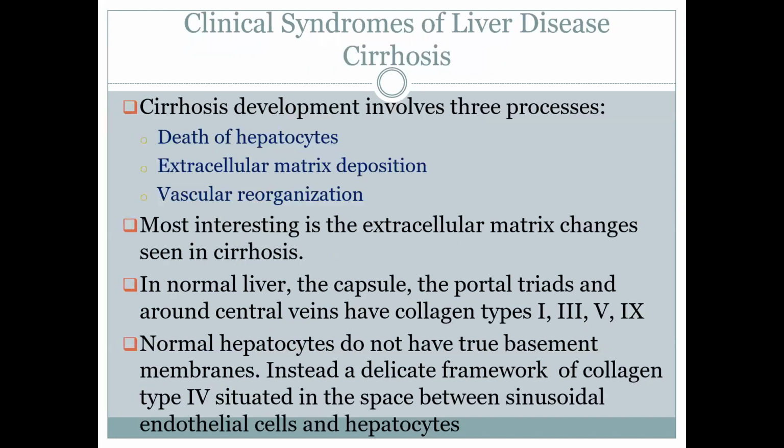Now, cirrhosis, as I mentioned to you, involves the three processes that you have seen before. One of them is the death of the hepatocyte that's going to be followed by the regenerative activity of the stem cells that are going to give rise to hepatocytes to take over. Now, one interesting fact of this process is the deposition of a special matrix.